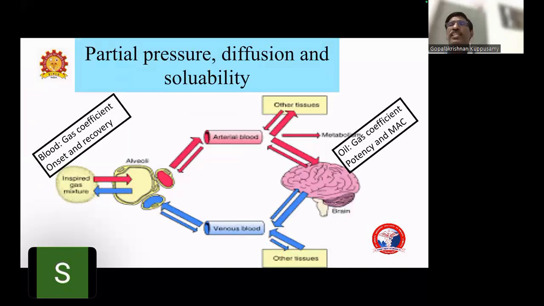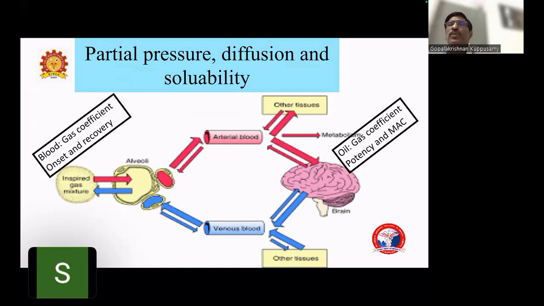Coming to partial pressure, diffusion, and solubility, we know that the more a gas is dissolved, the more it diffuses. We have two solubility coefficients, blood gas coefficient and oil gas coefficient. What is the blood gas coefficient? We take alveoli and blood. The gas molecules diffuse from the alveoli into the blood depending on the solubility of the gas.